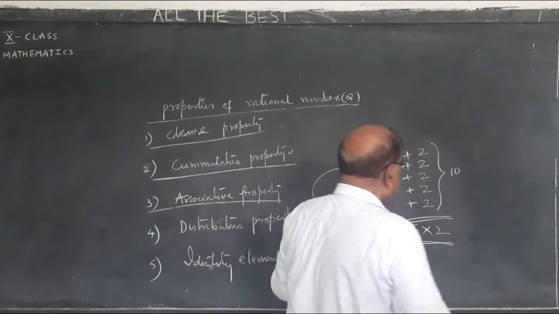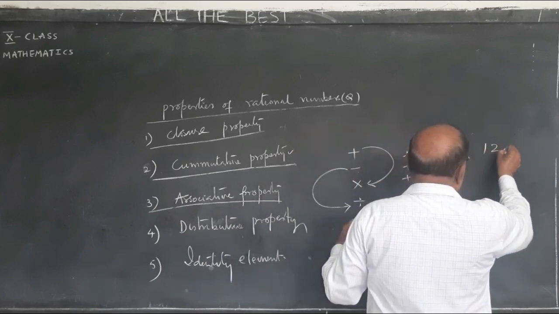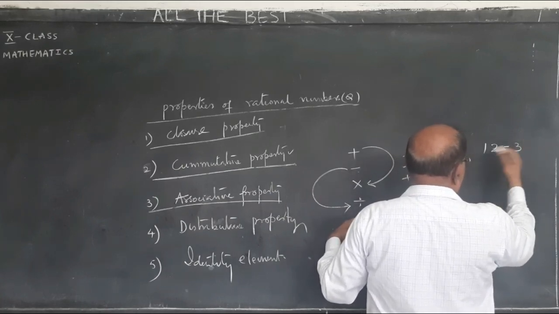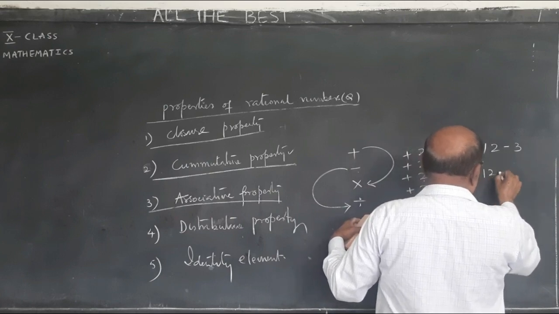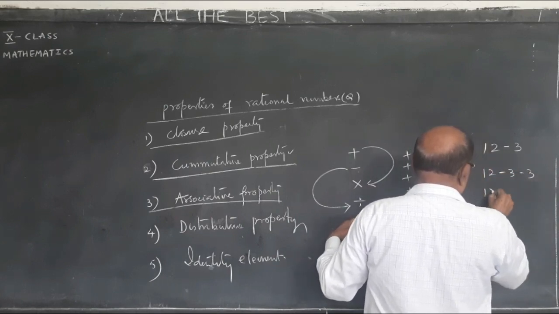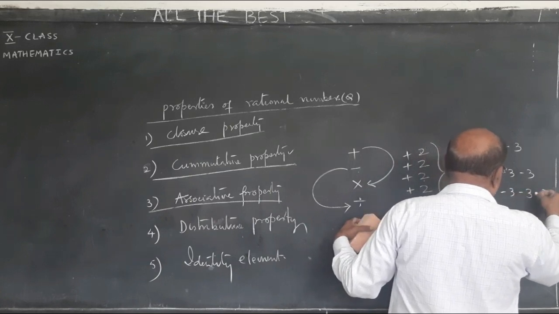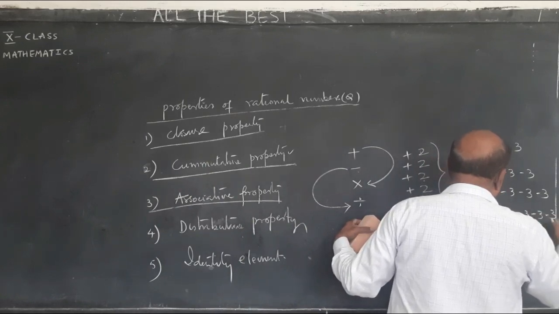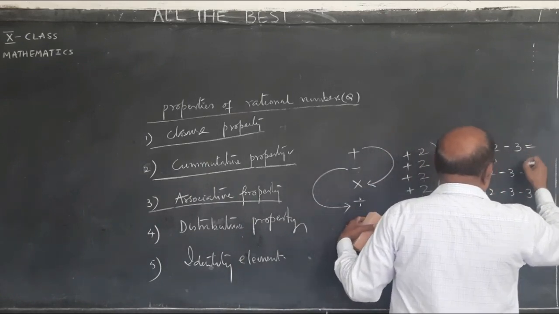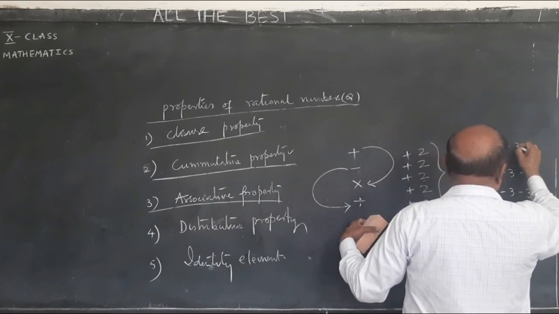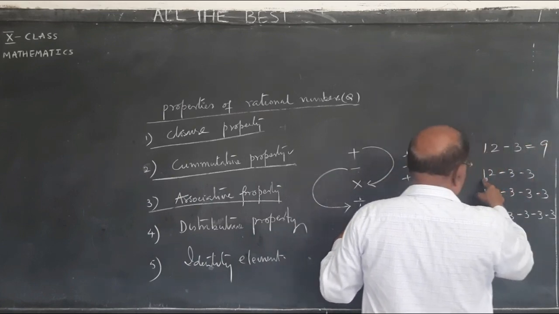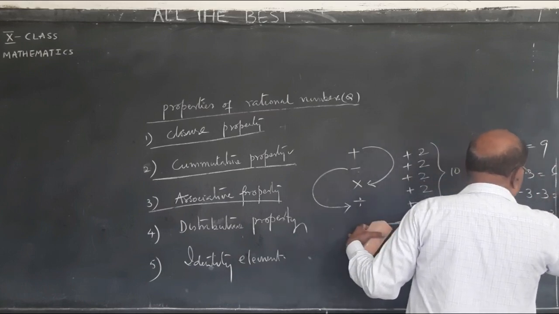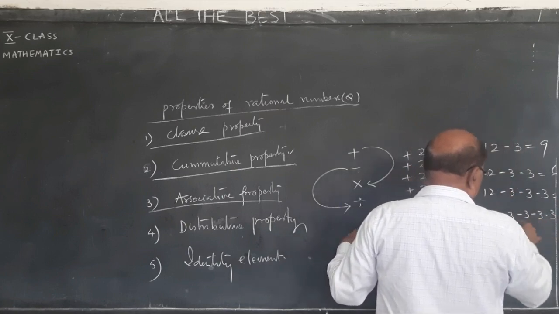For example, you take 12 minus 3, minus 3, minus 3, minus 3. So here you are getting 4, no? 12 minus 3 is 9, 12 minus 6 is 6, 12 minus 9 is 3, 12 minus 12 is 0.